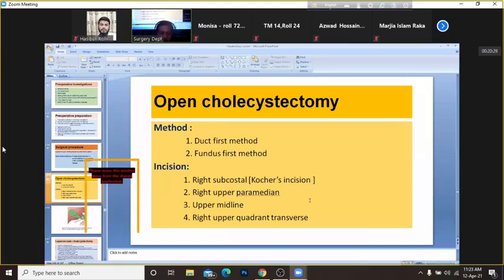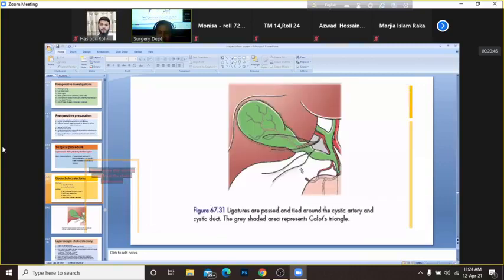In those cases, we have to start our dissection from the fundus and proceed towards the duct. This is called fundus first method. So one is duct first method, that is, if we ligate the cystic duct and the cystic artery, then we remove the gallbladder from the fossa. This is called duct first method.